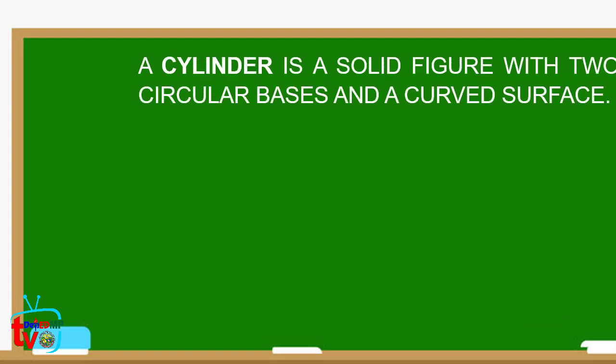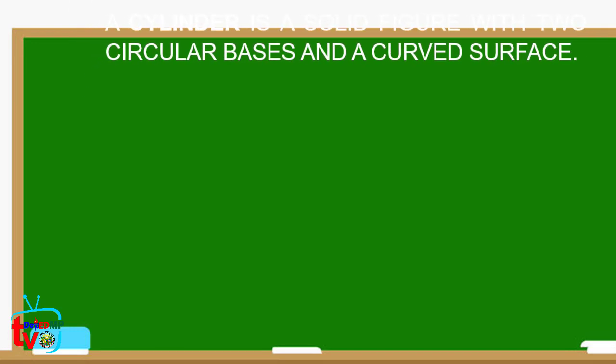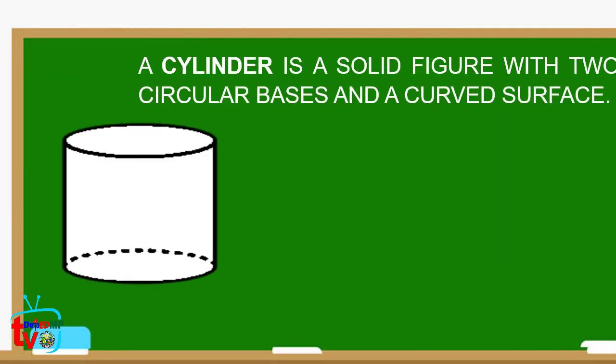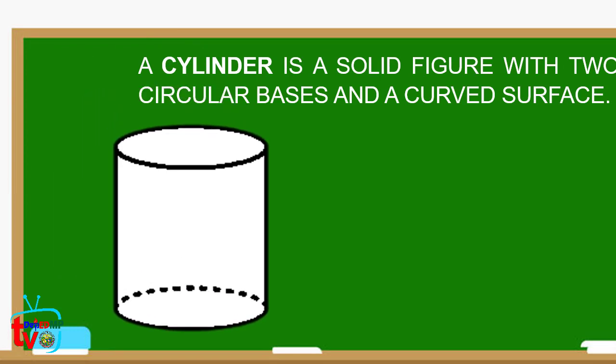Next here is a cylinder. A cylinder is a solid figure with two circular bases and a curved surface.